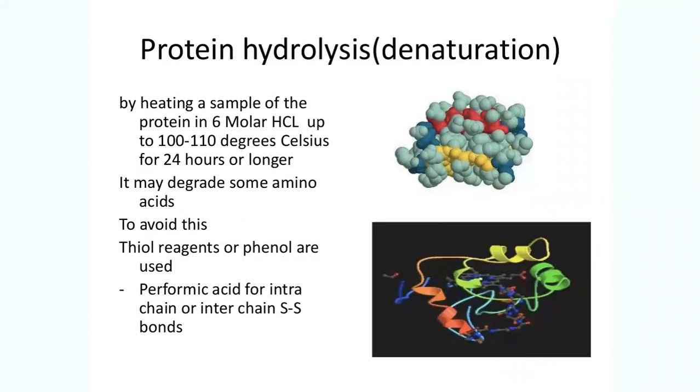As I said earlier, you can either use high temperature denaturation coupled with acidic treatment, or treatment with thiol reagents or phenols to avoid complete degradation of the amino acids, and to ensure that the disulfide bonds are also broken to linearize the protein molecule. We know that during secondary structure formation, there are disulfide bridges formed which help the protein to fold.